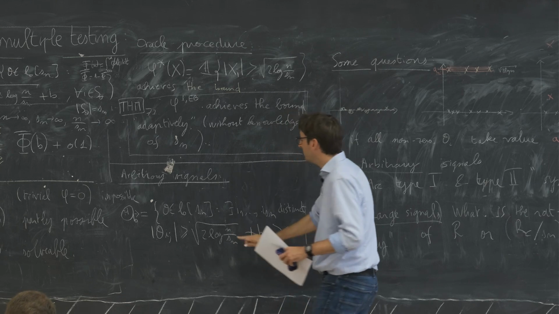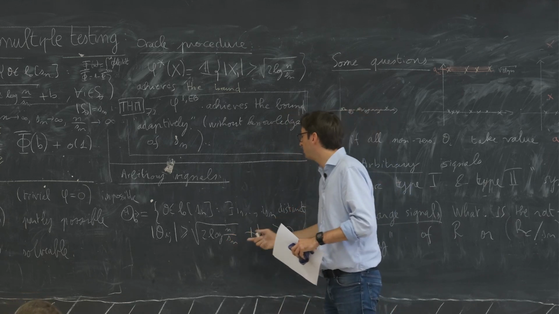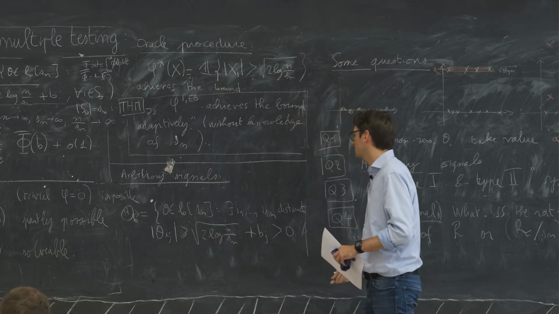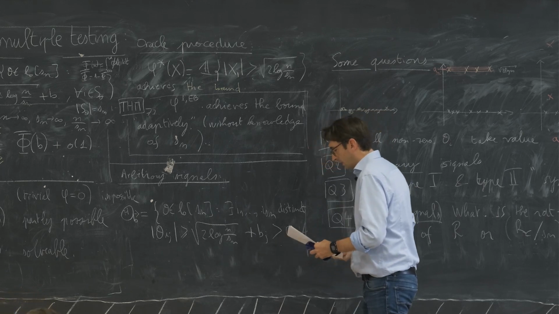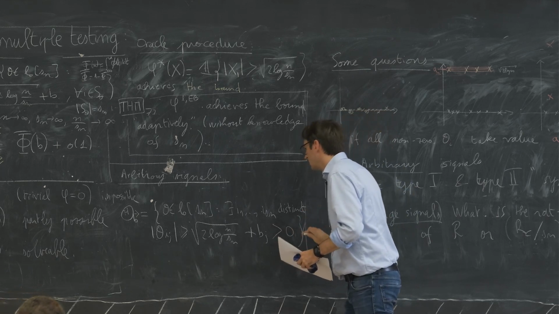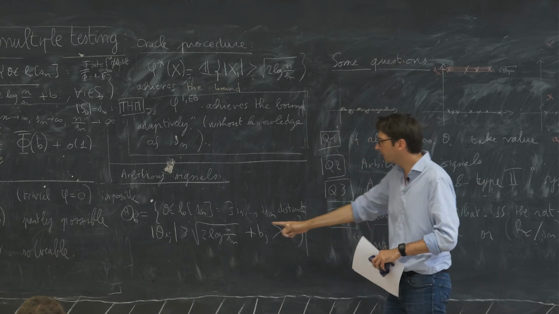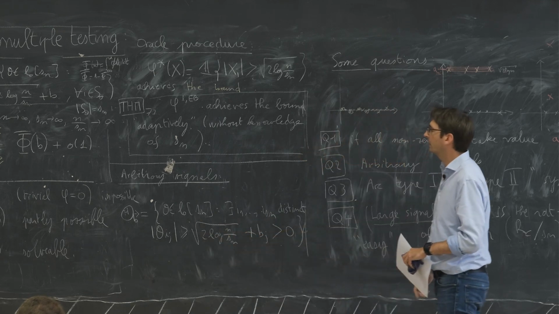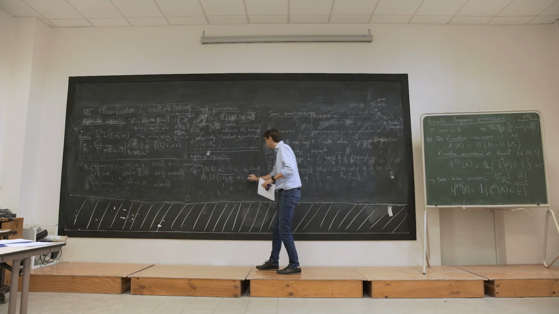Okay, so bj can be minus square root 2 log n over Sn plus 1, for instance, so that I have 1 here, so that's allowed. I'm just saying that I'm parametrizing my non-zero signals around this optimal threshold value, and I take just arbitrary bj's around it as long as I get some positive value here.